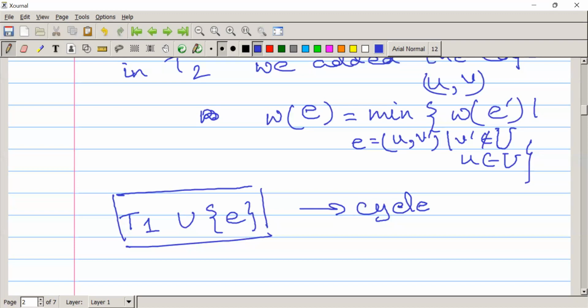In any tree, if we add an edge, this will form a cycle. Can I say that? T1 was already given as a minimum spanning tree, and we add an edge to T1. Then obviously T1 union E will have a cycle. Do you have any doubt? No, ma'am.